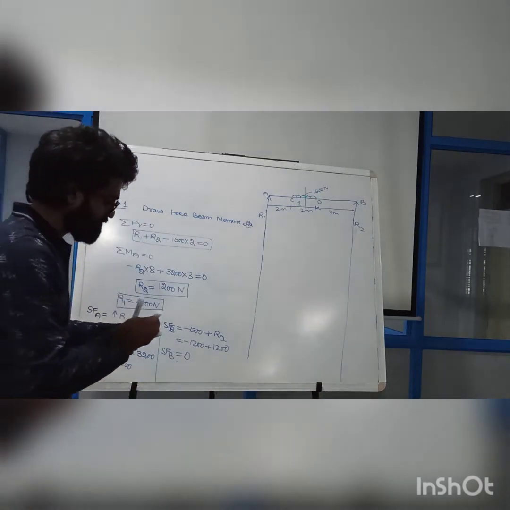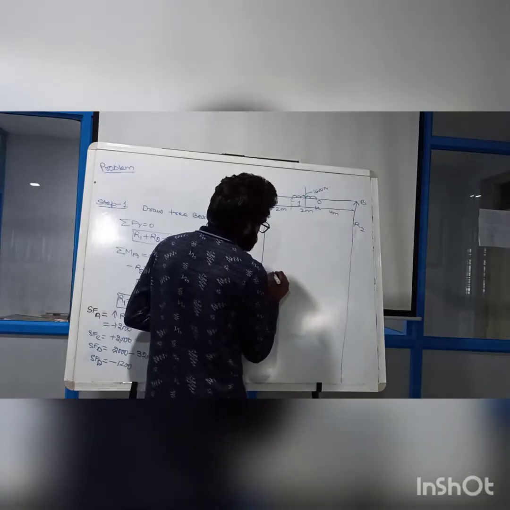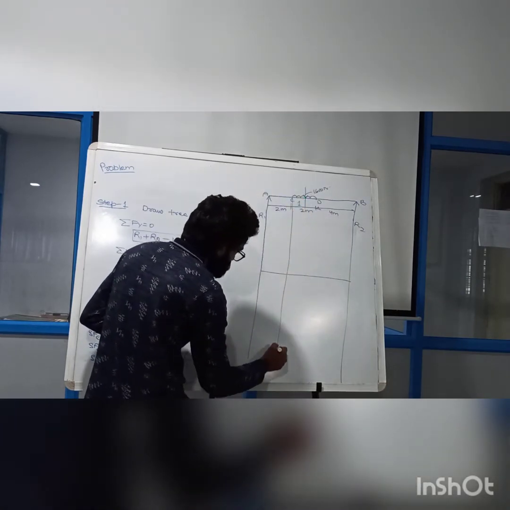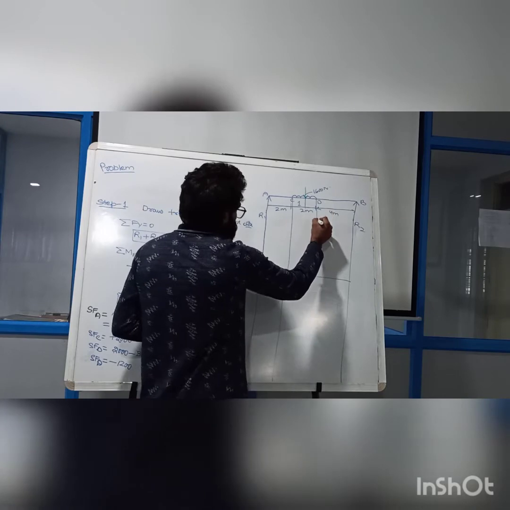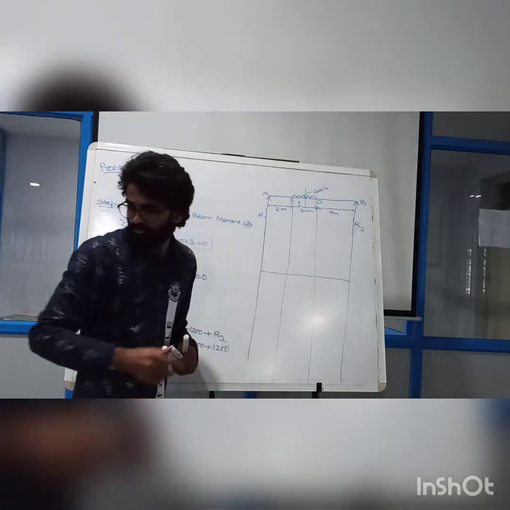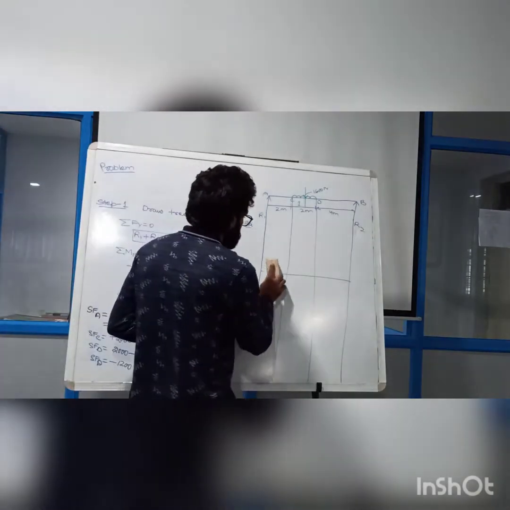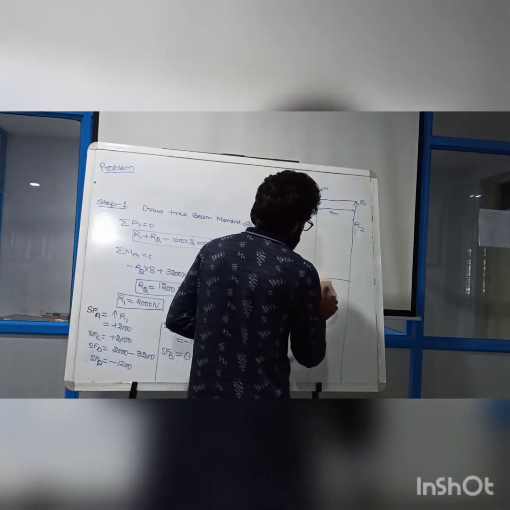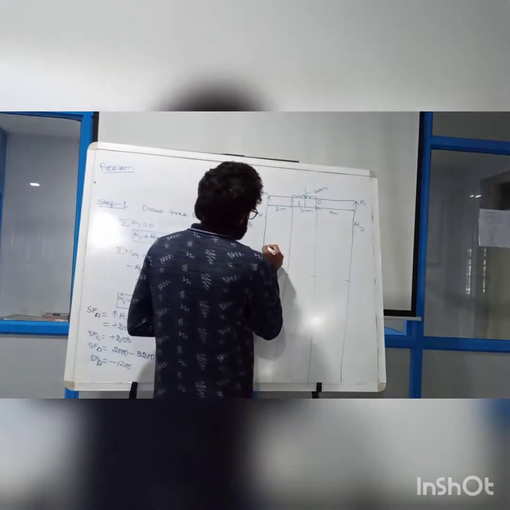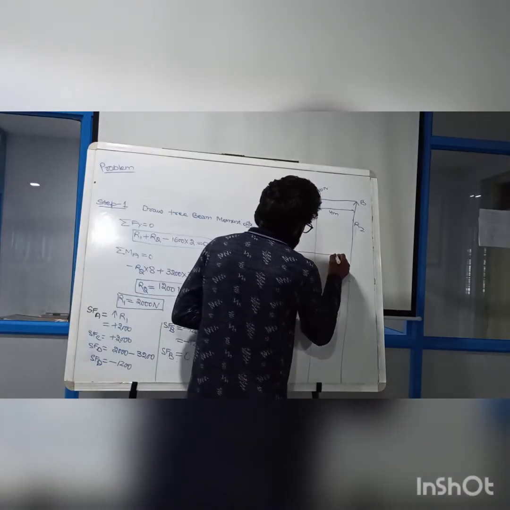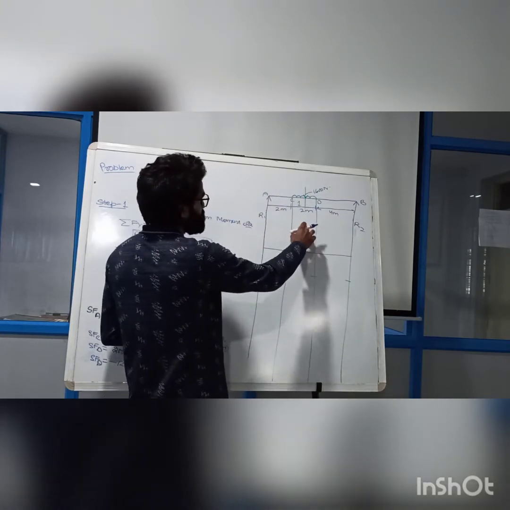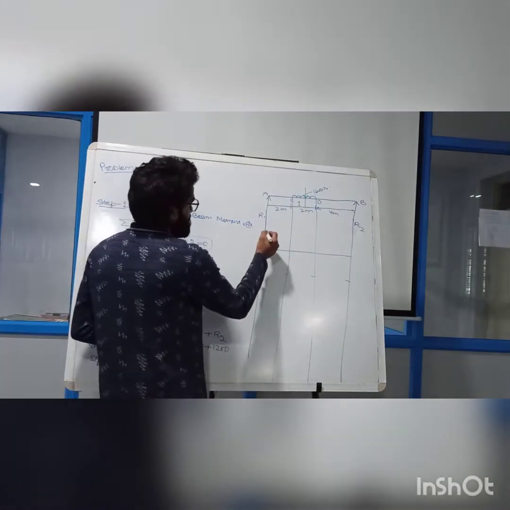So let us draw the shear force diagram for this. Let us see what it is going to look like. So you see over here, up to A, what is my A value?